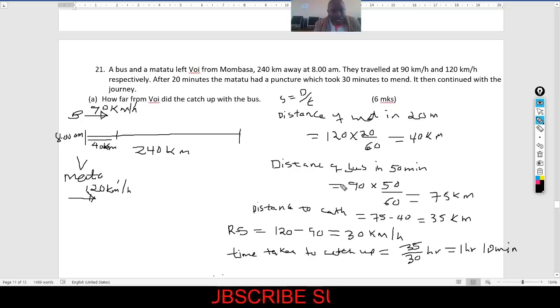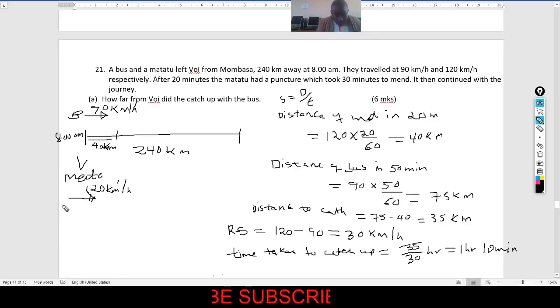How far from Voi did the matatu catch up with the bus? Now, distance from Voi. Remember, it was from Voi. The distance it ran to catch up, it must run for 35 over 30 hours, which is the same as 7 over 6 hours.